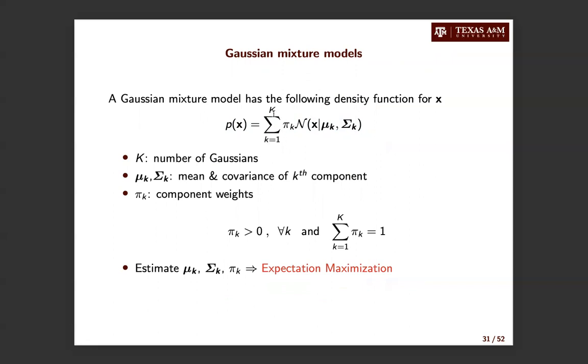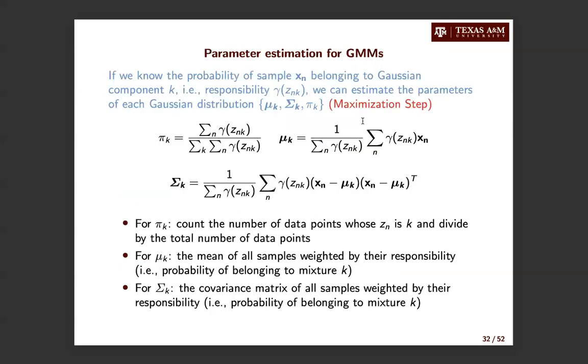In this case, we can have K mixtures, and each term of the sum is equal to the product of the prior of the mixture, pi of K, multiplied by the probability of sample X belonging to the mixture K. That probability is modeled by a multivariate Gaussian distribution, and each mixture has a multivariate Gaussian distribution of mean mu of K and covariance sigma of K. So the important thing here is to estimate the prior pi of K and the mean and covariance, mu of K and sigma of K, for our Gaussian mixture model based on the data that we have.